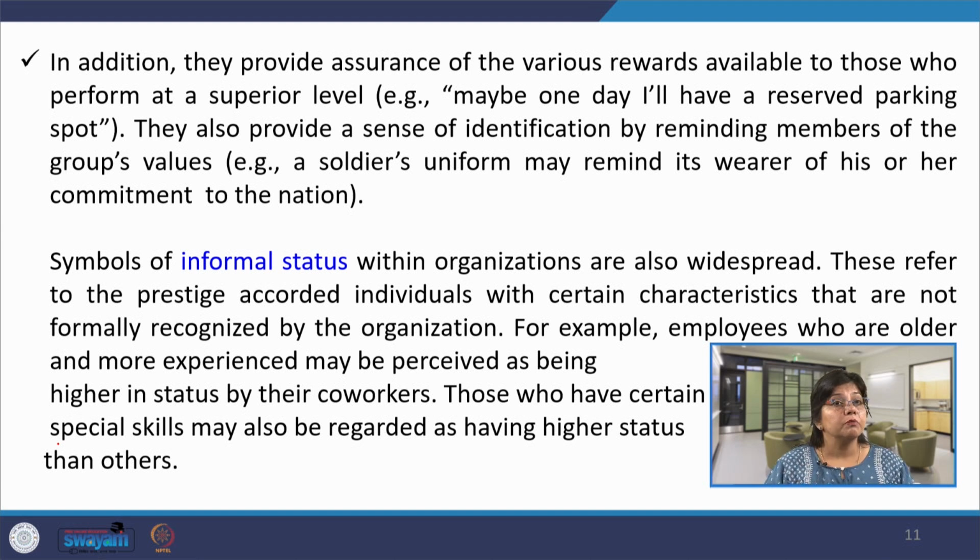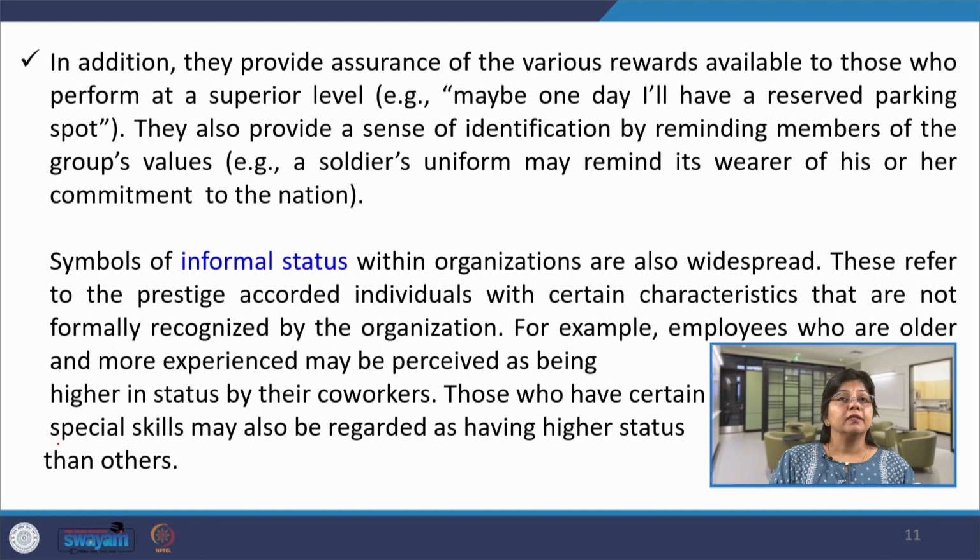They also hold special status, because nobody else can perform those skills except a few members. Again, such roles are accorded high prestige, and such employees tend to enjoy informal status with a lot of respect and recognition.